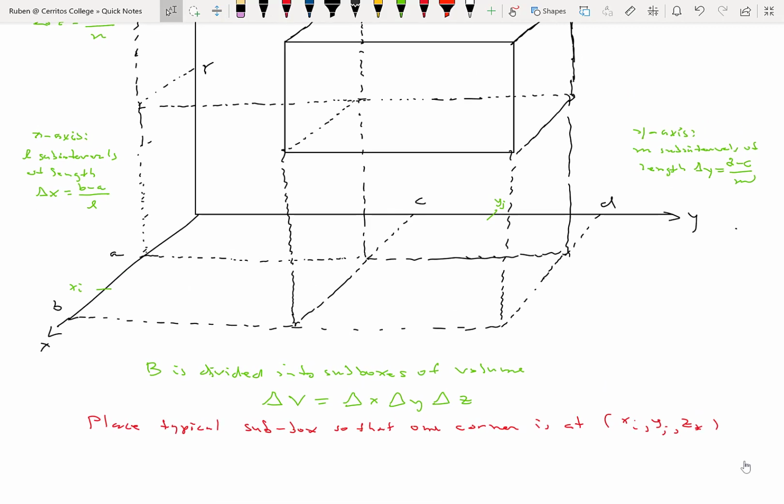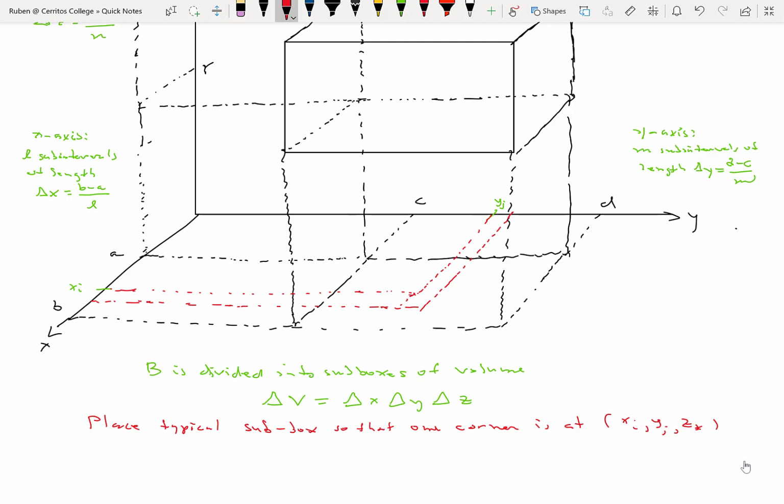So first I'm going to look at the projection of that sub-box in the xy plane. From x sub i, I'm going into the rectangle AB cross CD in the xy plane. Here's x sub i and y sub j. I'm going to increase x by a little bit, go back into the region, then increase y by a little bit.